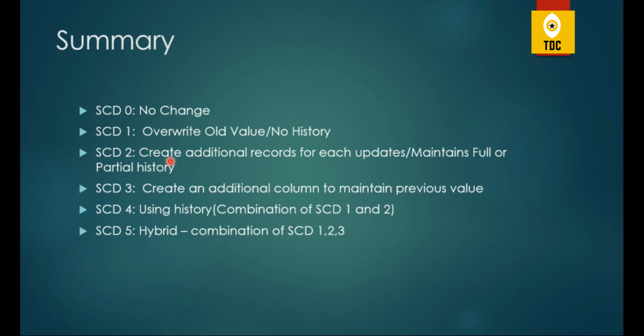And if you come to SCD4, generally it is a combination of SCD1 and 2, where it basically overwrites the old value, and also it maintains the history of previous values using a separate history table. So in that history table, SCD4 maintains that history going forward, instead of maintaining it in the dimension table itself.